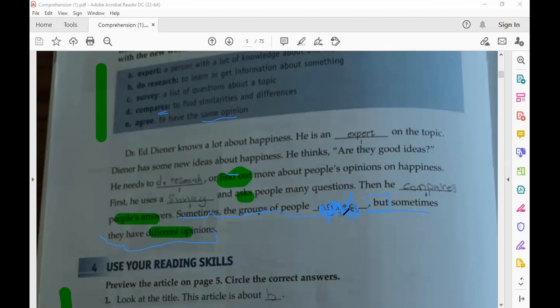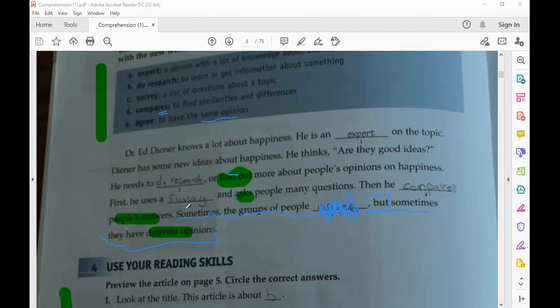How would we know this word? Can you guys tell me, how would we know what we should put in this gap? We should read the sentence. We need to focus on the first part of the sentence and the second part of the sentence.